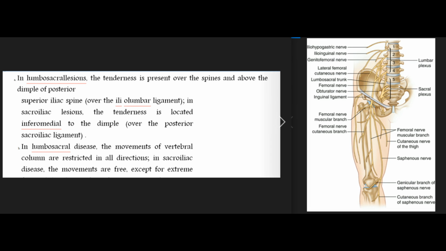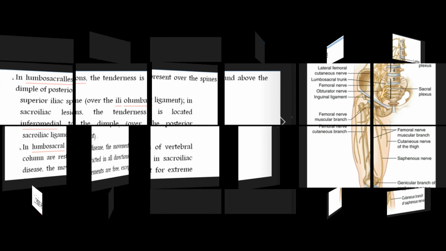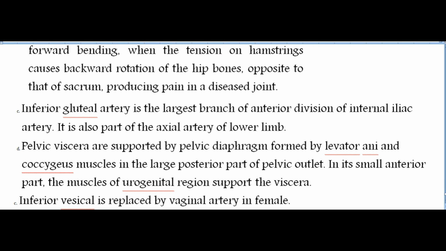B. In lumbosacral disease, the movements of vertebral column are restricted in all directions. In sacroiliac disease, the movements are free, except for extreme forward bending, when the tension on hamstrings causes backward rotation of the hip bones, opposite to that of sacrum, producing pain in a diseased joint.